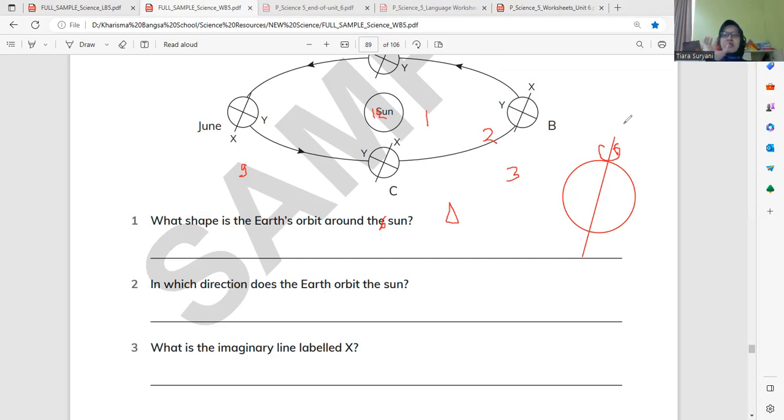The Earth spins based on this axis. So let me re-answer. Shape of the Earth's orbit, it's a slight ellipse. In which direction, counterclockwise or anticlockwise. And the imaginary line labeled X is the Earth axis.